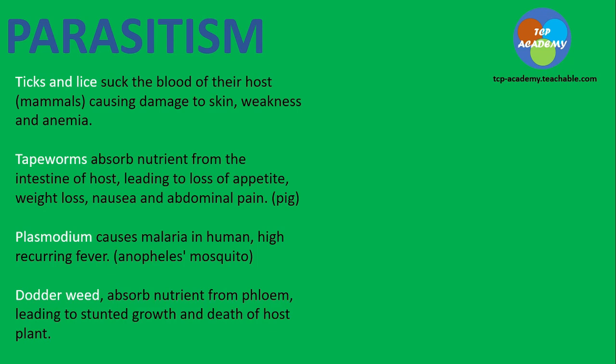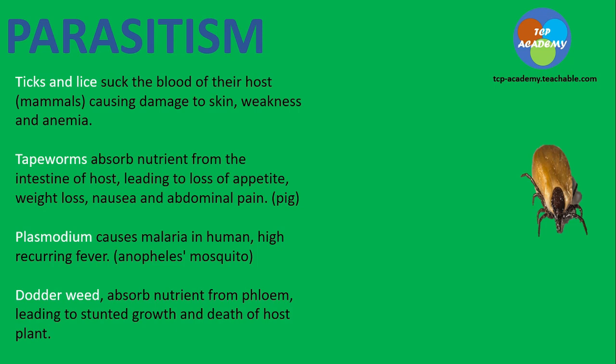The dodderweed, the only plant on the list here, absorbs nutrients from the phloem, leading to stunted growth in the plant and sometimes death of its host. How does it do this? It attaches what seems to be its root to the plant stem and pretty much gets inside to attach itself to the phloem, thus taking up the nutrients and depriving the plant, which can, of course, lead to death.